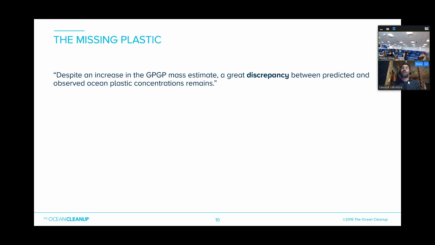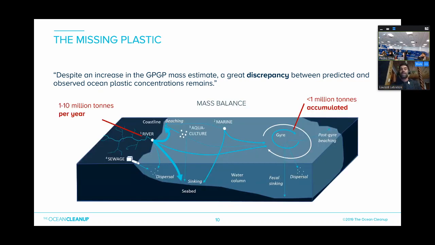If you assume the amount of plastic that's entering the ocean, right? That's what we call the mass balance budget. And that's one of the main things we have with the research team of The Ocean Cleanup, trying to understand what happens to plastic as it enters the ocean. There are estimates in the order of millions of tons of plastic entering the ocean every year, and over the surface of the complete ocean, there's probably less than 1 million tons accumulated, right?